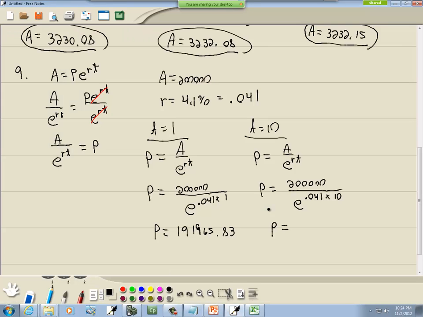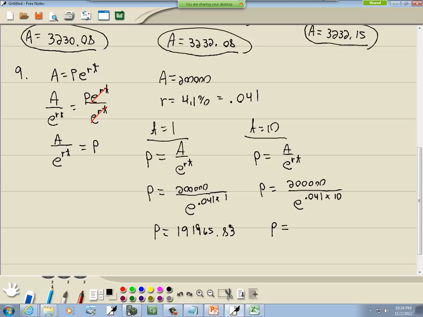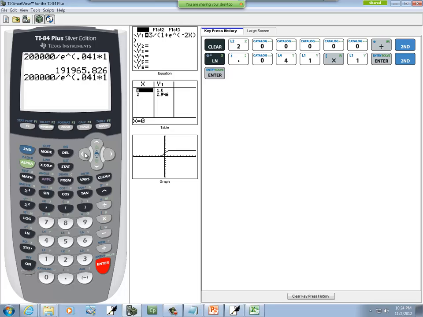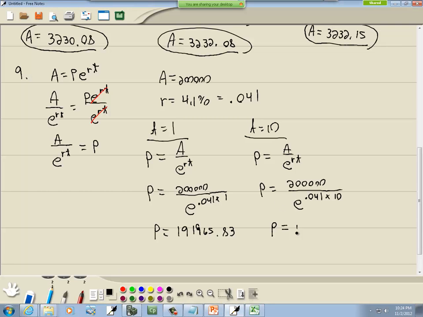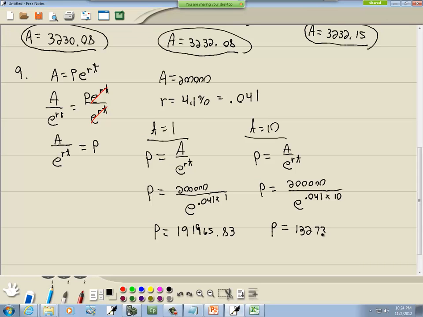Well, because if I come to my calculator and do second enter, it's exactly the same formula, except instead of 1 at the end, we'll have 10. So if I do my left arrow key, here's a 1, I'll just put in 10 and push enter. And that gives us 132,730.05.